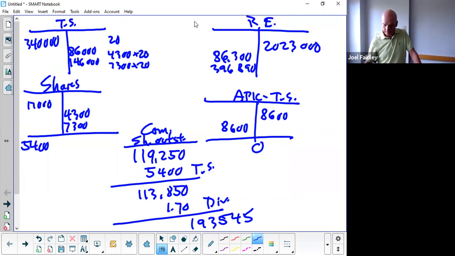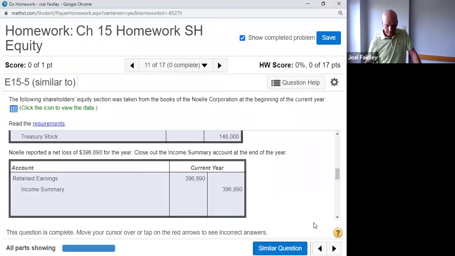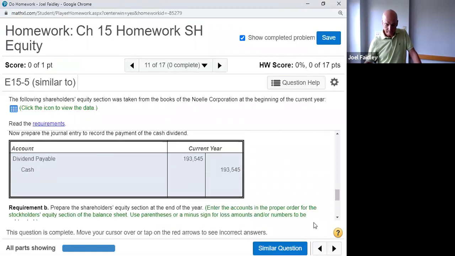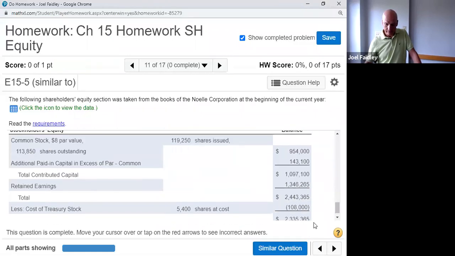There it is. There's the dividend payable. So now the question is, what does my stockholders' equity section look like?